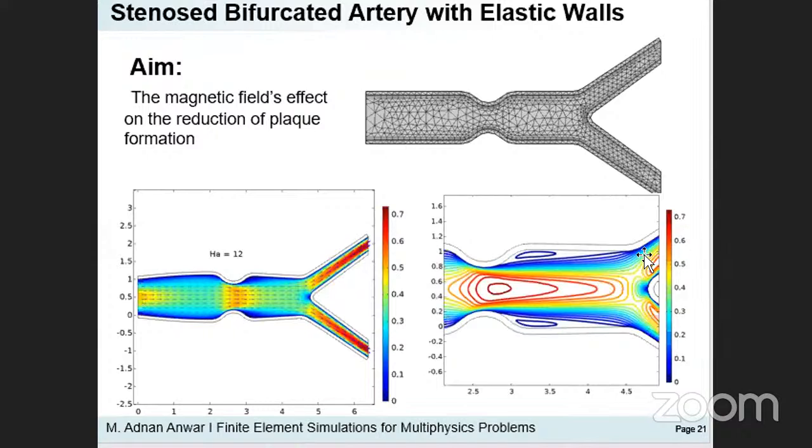This is also an FSI problem. It has elastic walls. This is a stenosed bifurcated artery. This numerical study reflects the magnetic field's effect on the reduction of plaque formation due to stenosis in a stenosed bifurcated artery.